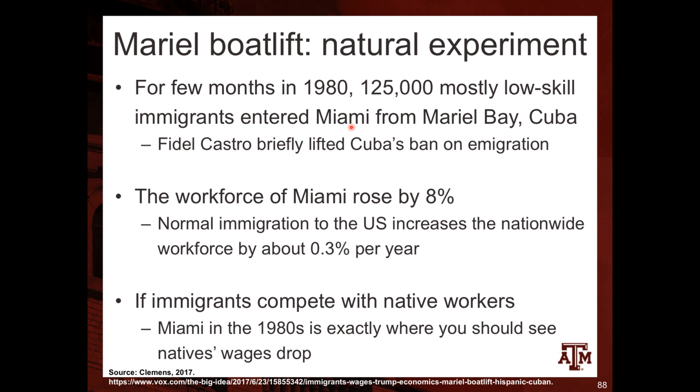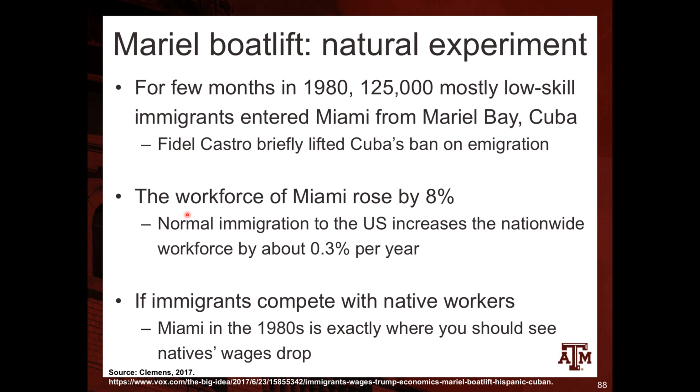That's also called a natural experiment. Now we can analyze how labor outcomes were before these few months in 1980 and after, when you had this increase in the supply of low-skilled immigrants in Miami.